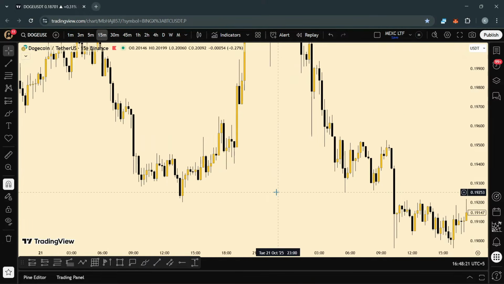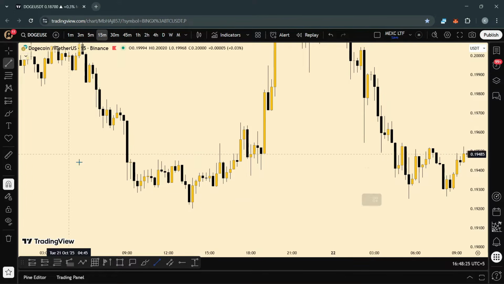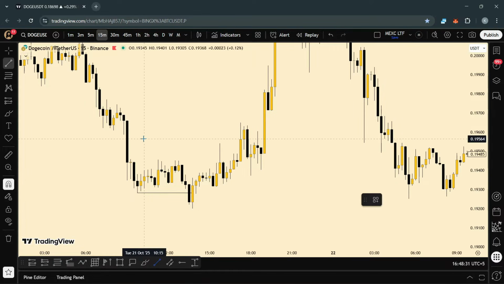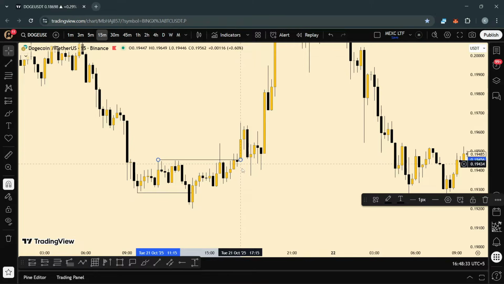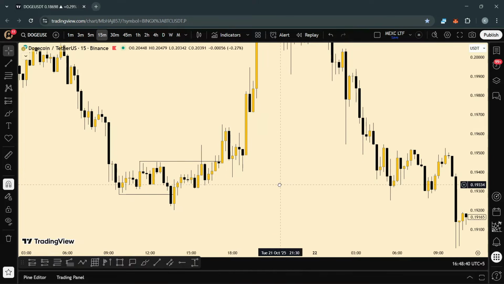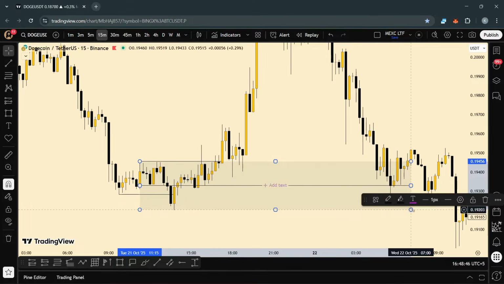Yeah, this is good. So you see, we close below this, and then after some time, we close above this high, and the close comes here, not here, it actually comes here. So this becomes your bullish zone.